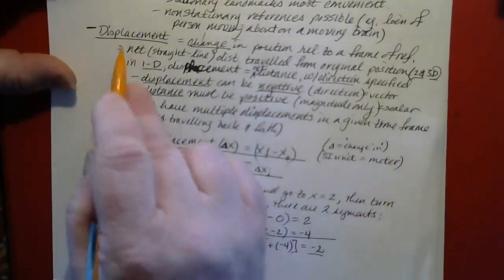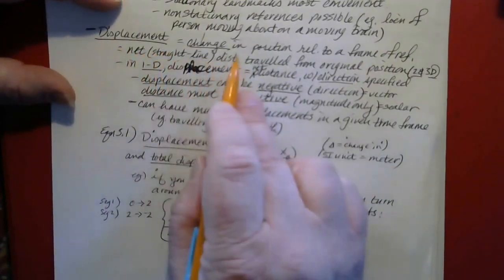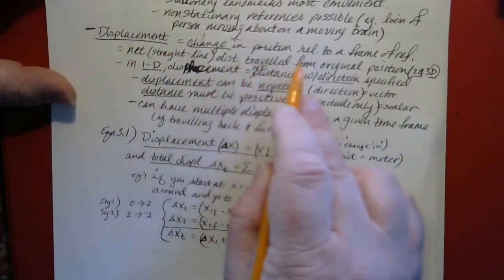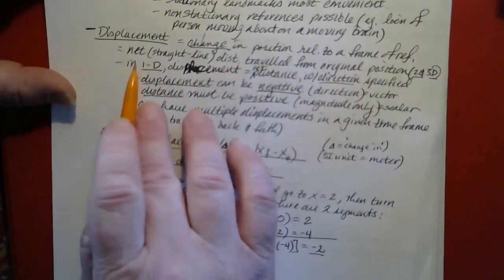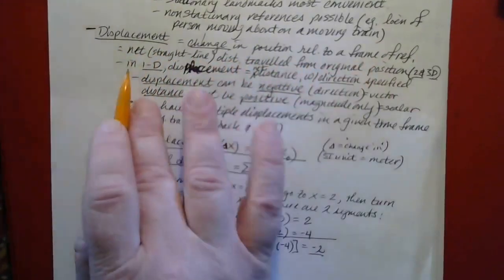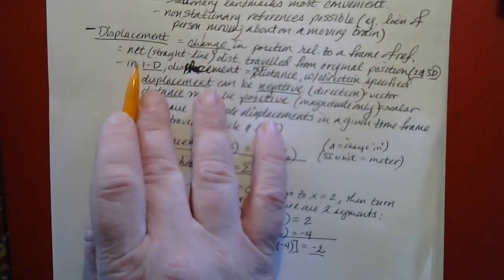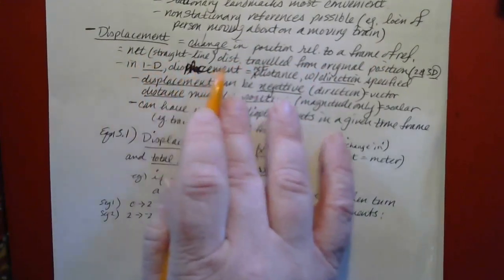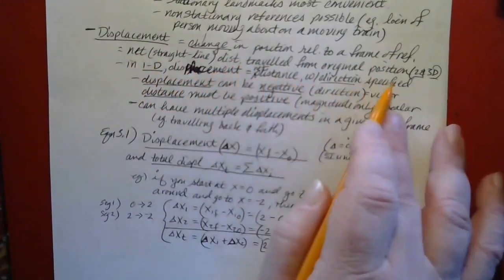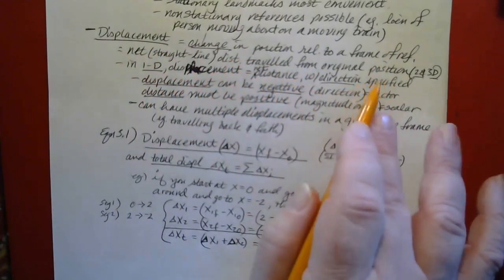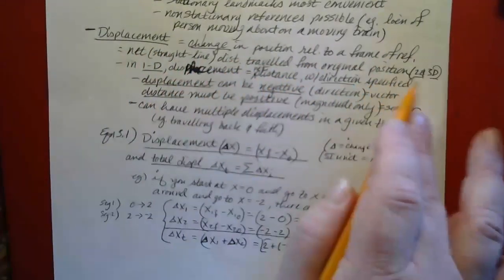Displacement, as we've talked about before, is a change in position relative to a frame of reference. It's the net or straight line distance traveled from the original position to the final position in 2 or 3 dimensions.